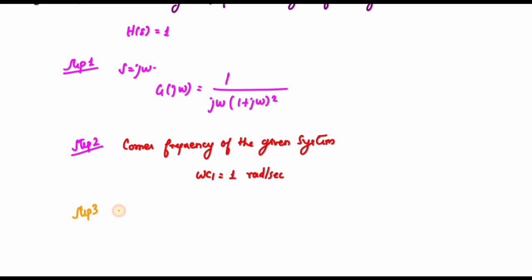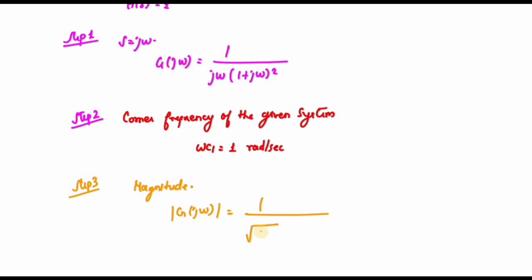Step 3 is to find the magnitude of G(jω). It is written by taking the root of ω squared, and here also you have to take the root of (1 squared plus ω squared) the whole squared. Since 1 plus jω can be written as the root of 1 squared plus ω squared, and I have the whole square.